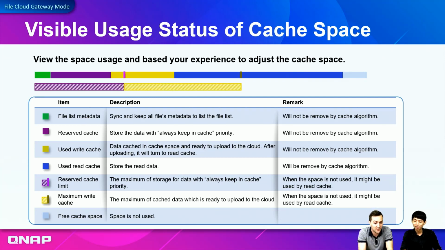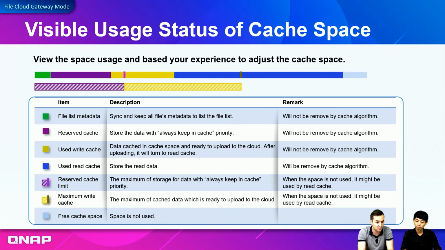It is where the data are stored, and it is the one where we always keep data in cache as a priority. This is the place where the data will not be removed by the cache algorithm, similarly to the green part and the yellow part, the write cache, which will not be removed.